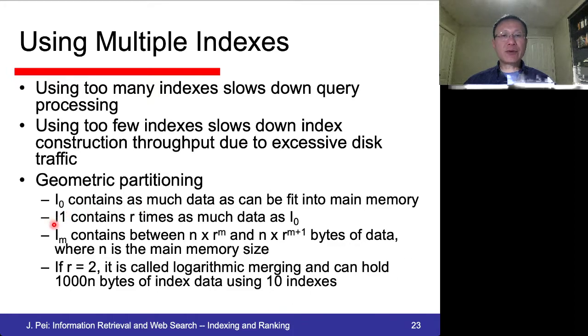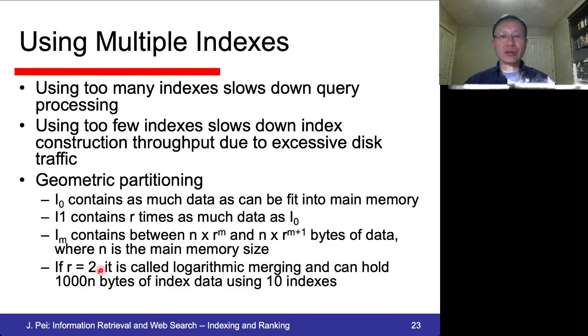The next level is L1, which contains r times as much data as L0. Continuing, we have L2, L3, and Lm. Lm in general contains between n times r to the power of m and n times r to the power of m plus 1 bytes of data, where n is the main memory size.